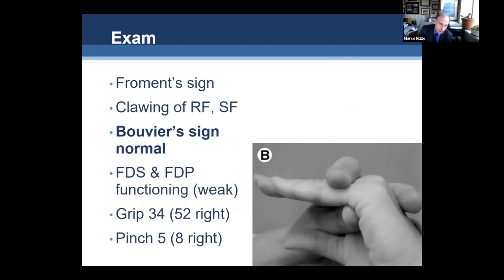So a couple things about the Bouvier sign, which is important to know, and that's correction of the extension when the IPs can extend when MPs are held in flexion from that hyperextended MCP position.